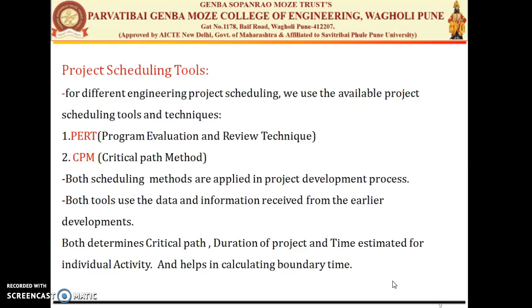So these both determine the critical path during the project and the estimated time for the individual activity. So how much time the individual activity will require to complete. Both these methods will calculate the critical time and the duration of the project and the time estimated for a particular activity, and it also helps in calculating the boundary time.